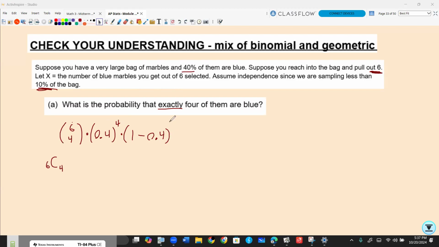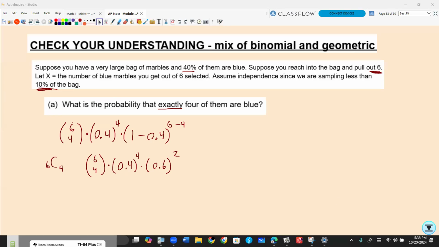So the formula says 6 minus 4, but we know that's going to be really 2. So if we clean that up, 6 choose 4, off the top of my head, I don't know that number, but we'll calculate that, times 0.4 to the fourth times 0.6 to the second. So 4 of them being blue and 2 of them being not blue.